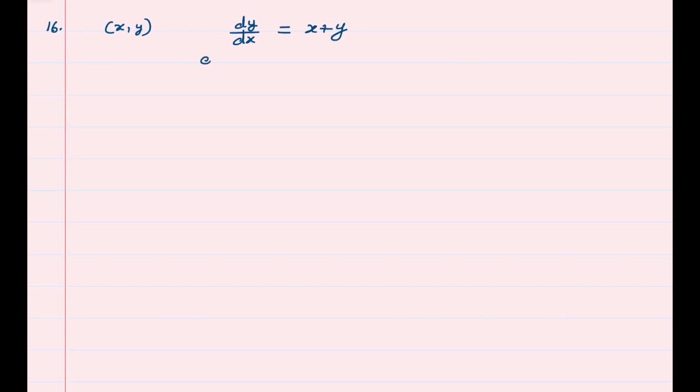We will write it in the linear form dy by dx minus y is equal to x, or we can solve this by substituting x plus y as t and then using variable separable method. This is in the linear form dy by dx plus py equal to q, where p is minus 1, be careful with the sign, q is x.